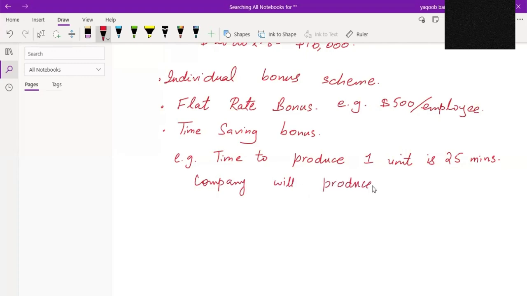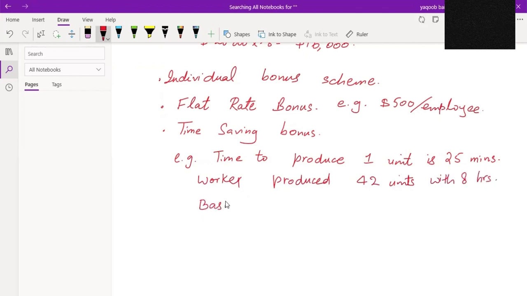Sorry, rather than company, we will say the worker produced 42 units within 8 hours.